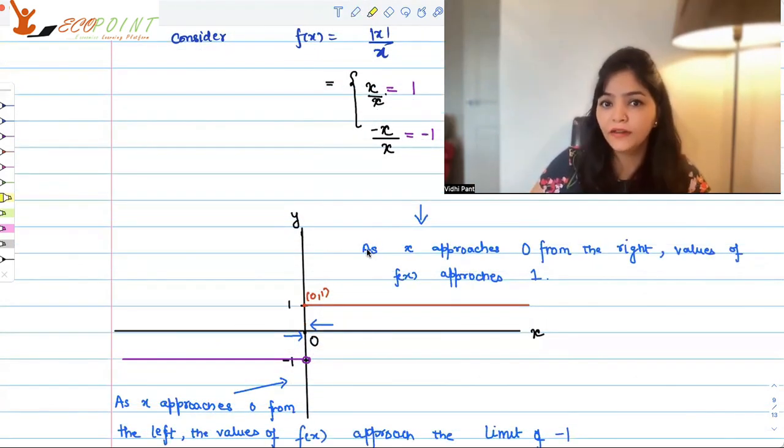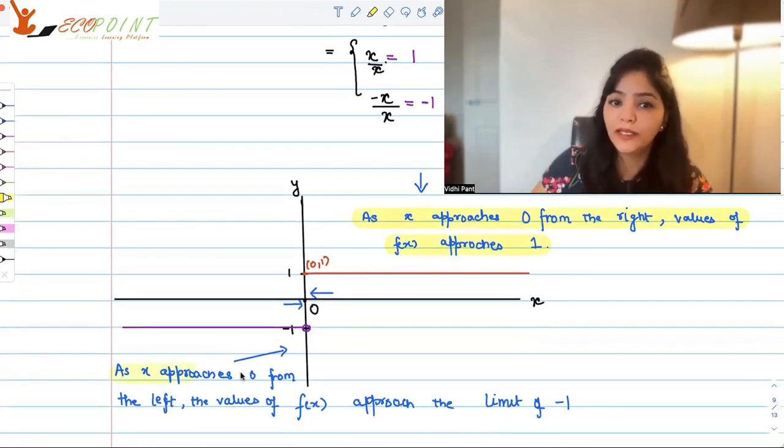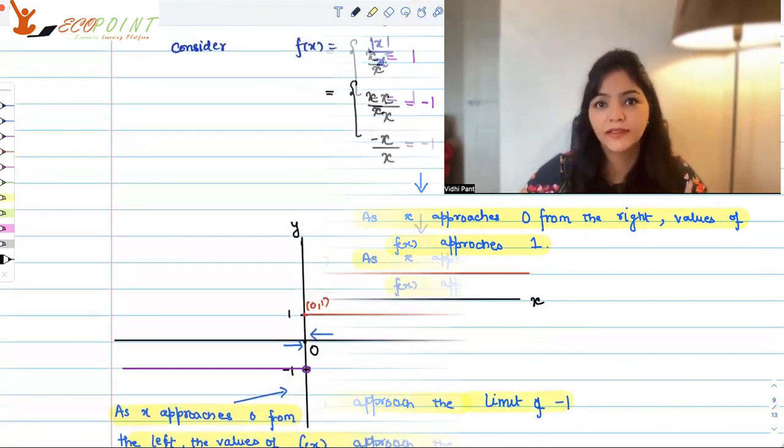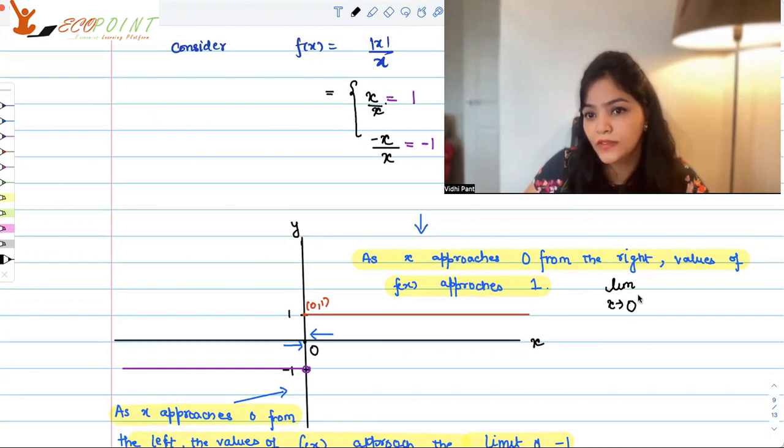Clearly what you can see here, as x approaches 0 from the right, values of f(x) are approaching 1. As x approaches 0 from the left, the values of f(x) approach the limit of -1. How would you write it? We generally write it as limit x tends to 0 plus, when you're talking about the right of 0, meaning a little more than 0, right?